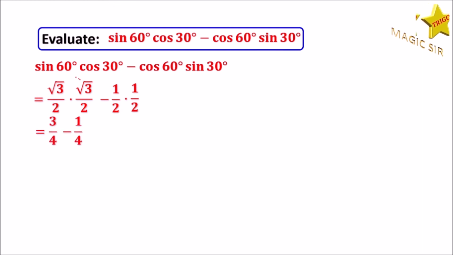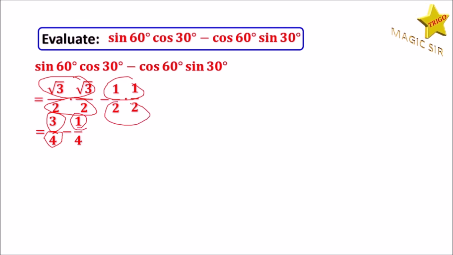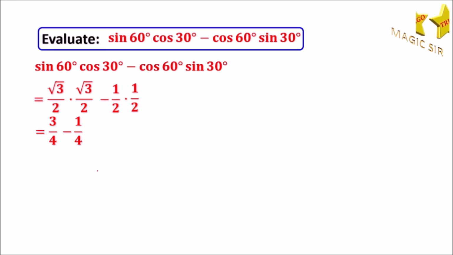So it is equal to 3 by 4 minus 1 upon 4, because root 3 into root 3 is equal to 3, 2 into 2 is equal to 4, 1 into 1 is equal to 1, and 2 into 2 is equal to 4. So it is equal to 3 by 4 minus 1 by 4.